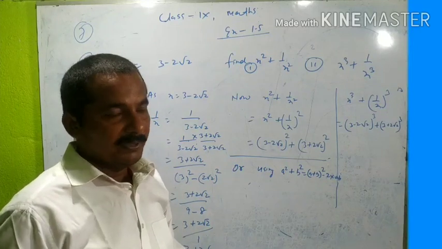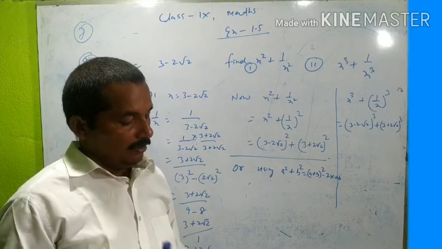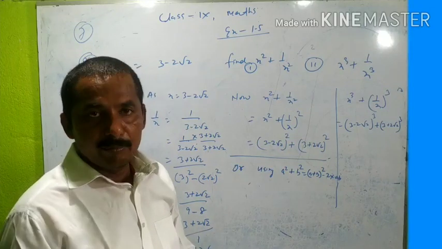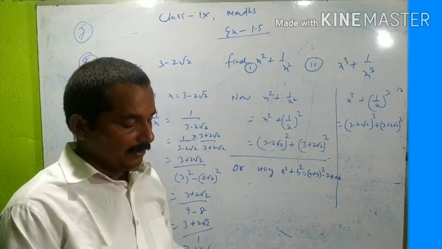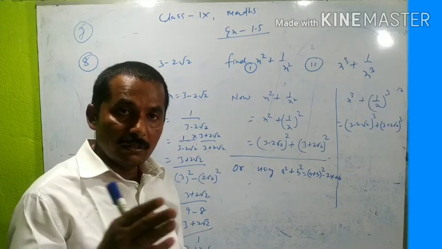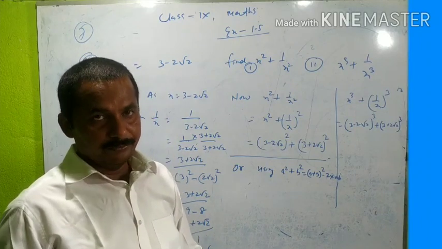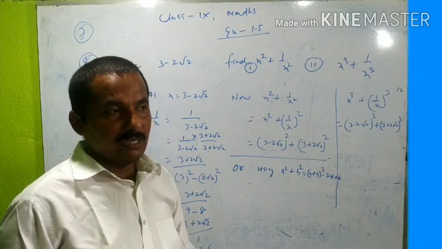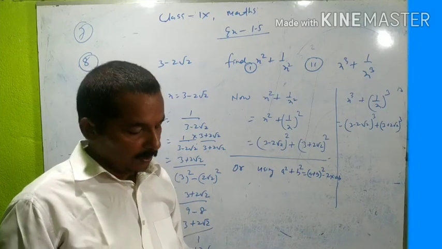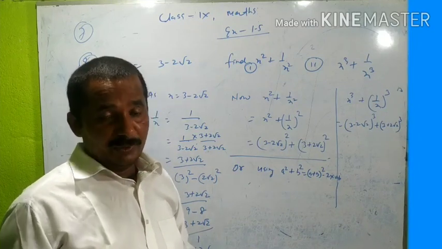After rationalization, whatever result comes, you will simplify, and after simplification you will get the result equal to RHS. So I think question number 7 is for you to solve comfortably. You will rationalize the denominator and show that LHS is equal to RHS.